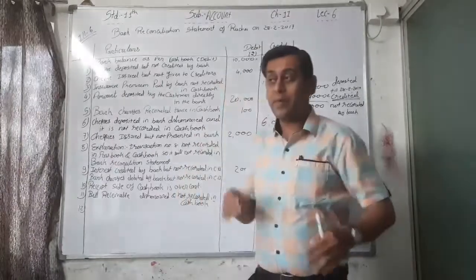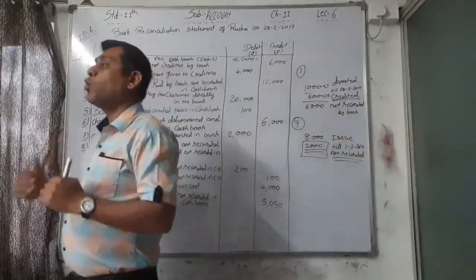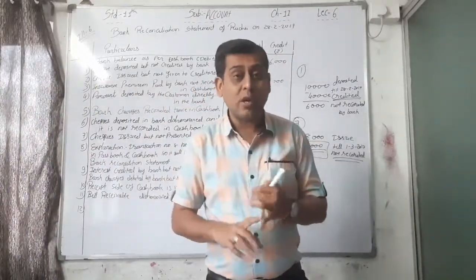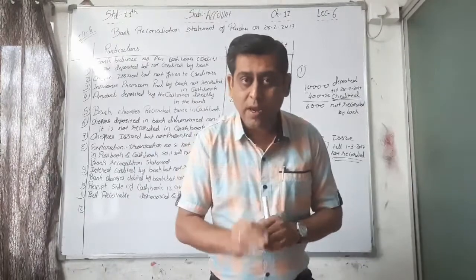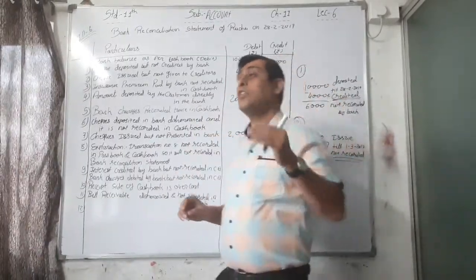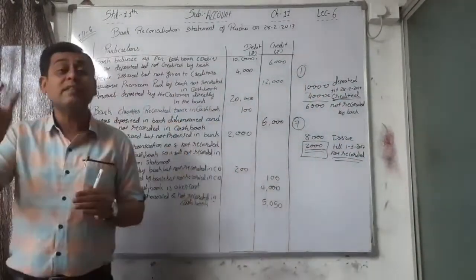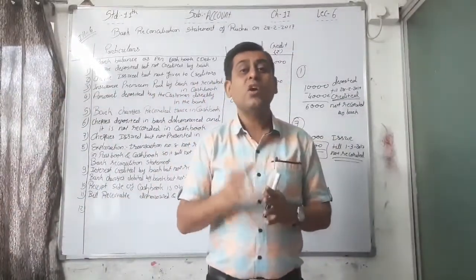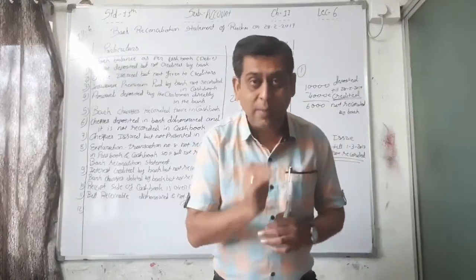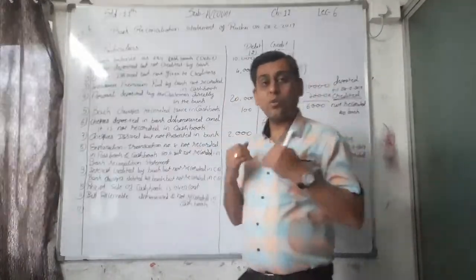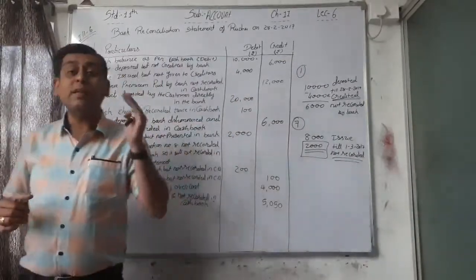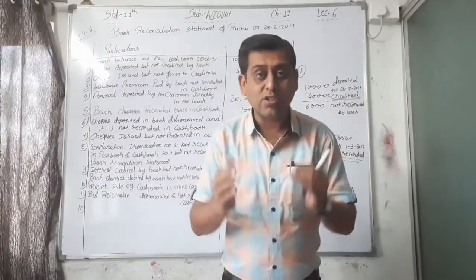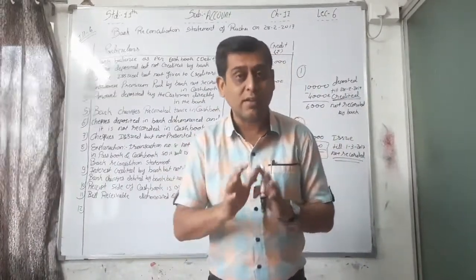Whatever amount is paid by the bank, that is debited by the bank, so we have to credit it. But what amount is debited by the bank? 3,000? No, 3,000 is the bills payable amount, but it is given with the rebate of 100 rupees. Rebate means discount. 3,000 minus 100 discount, that's why only 2,900 was paid by the bank on behalf of the trader. That's why bank is debited. Here in the bank reconciliation statement we have to credit it, nothing else.